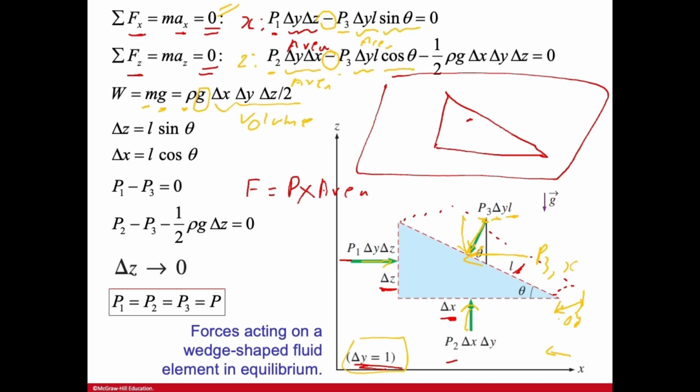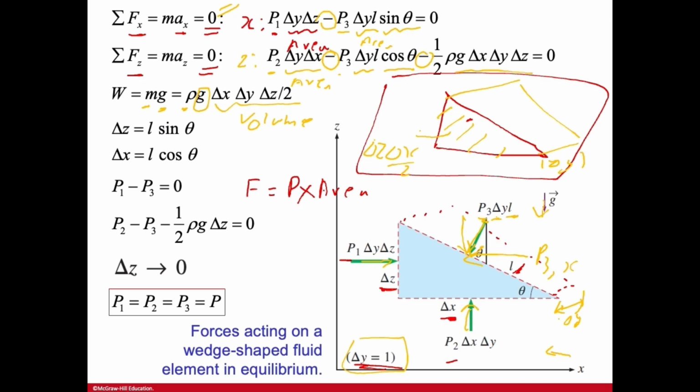It is the cross-sectional area of this triangle multiplied by delta y, and the cross-sectional area of a triangle is nothing but delta z delta x divided by 2, right? So that's how you get this volume. Now this weight is also acting in the downward direction, so you have a minus sign associated with it. Okay, so that becomes your force balance in your x and z direction.